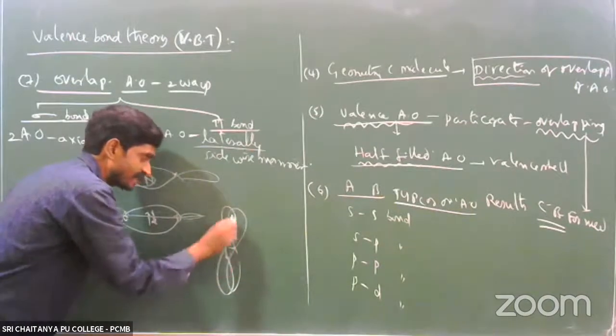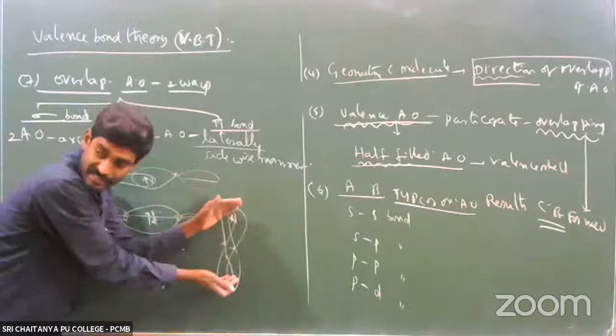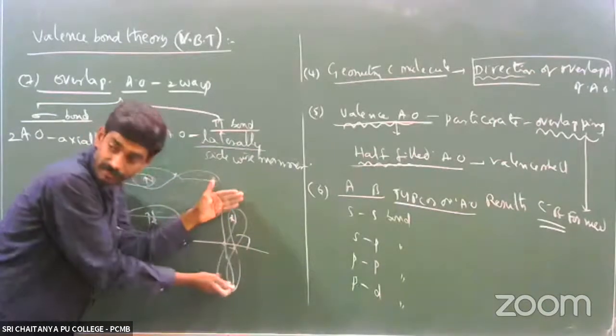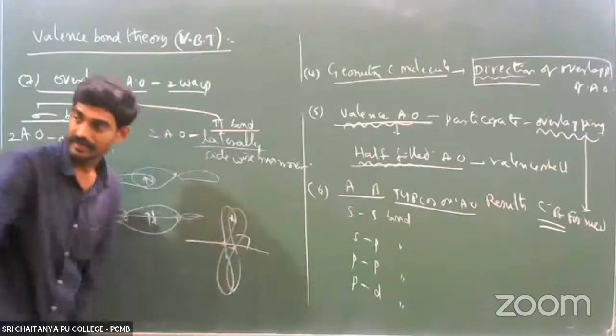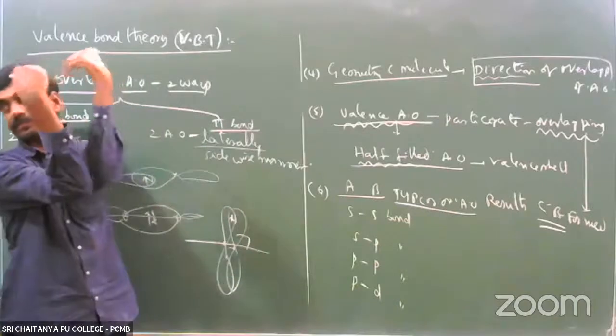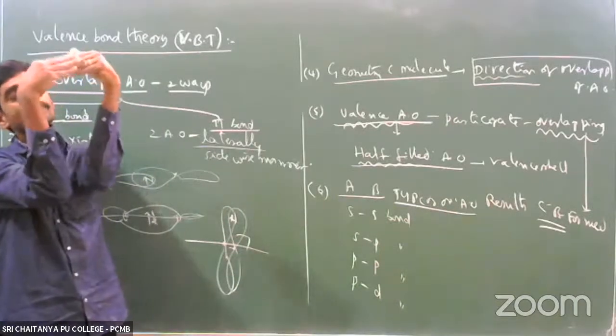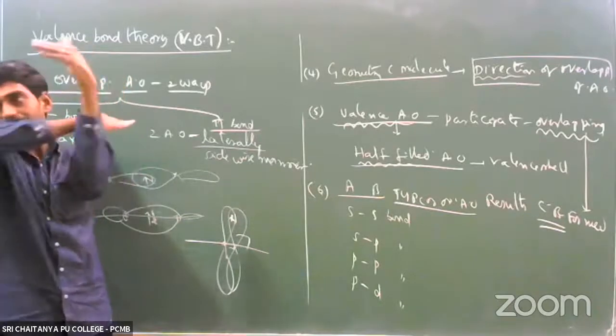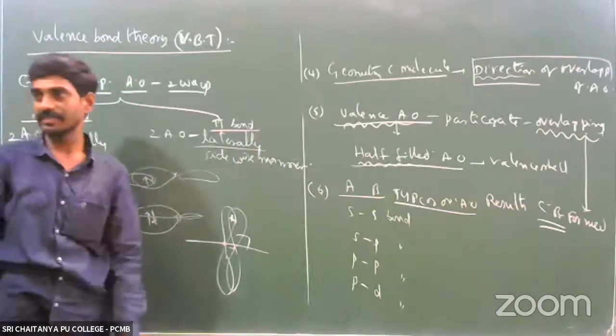Here overlapping is taking place above and below the internuclear axis. The electron cloud is perpendicular to the internuclear axis, right? So in the case of a pi bond, because they are overlapping here, the electron cloud is concentrated above and below the internuclear axis. This is the internuclear axis, and the cloud is perpendicular to it, right?